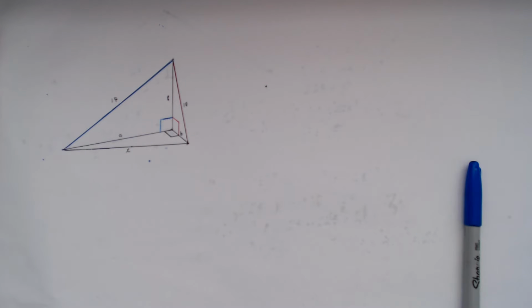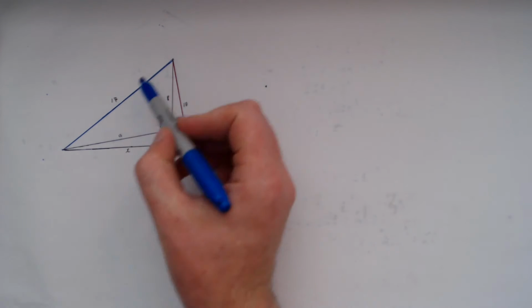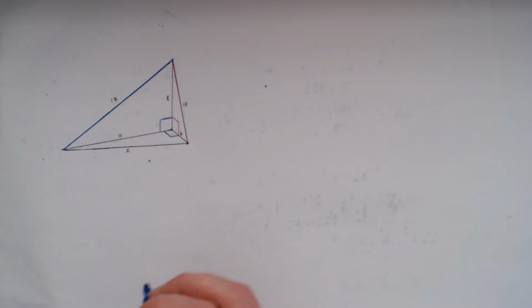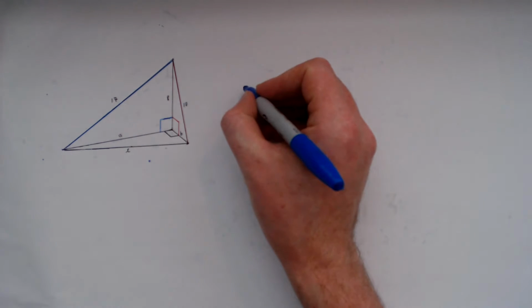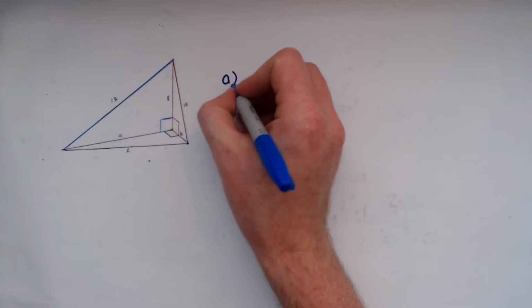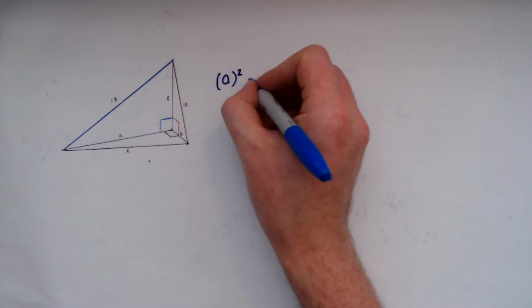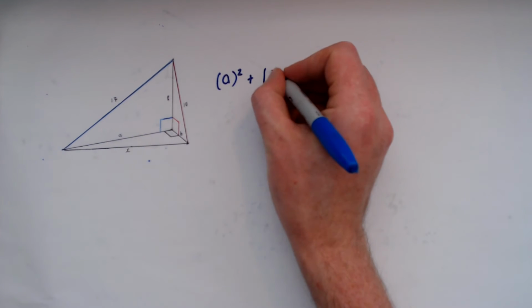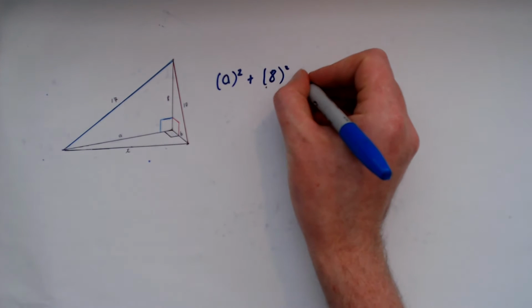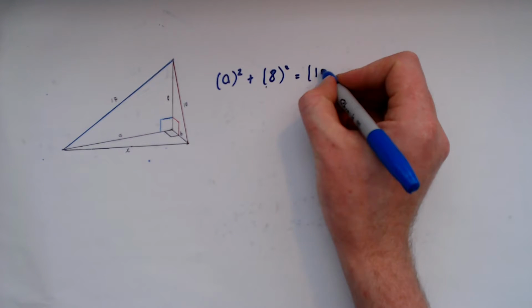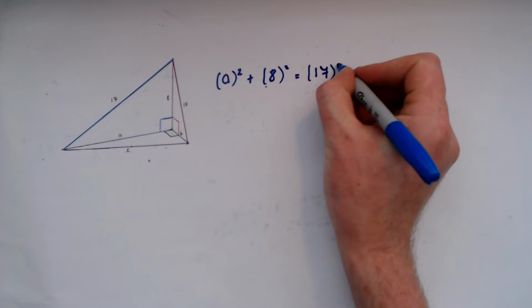So let's start with this triangle, setting up my Pythagorean theorem, which I'm becoming pretty familiar with now. I have that A squared plus 8 squared is equal to 17 squared.